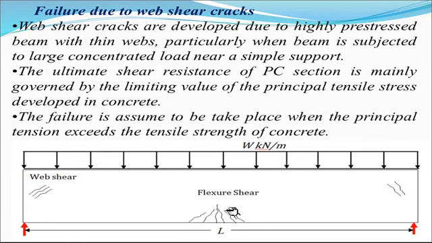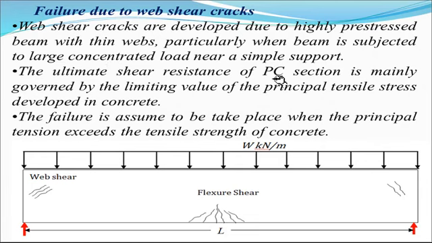Here we know that flexural stresses are more, and that's why at midspan vertical cracks are developed and they will be inclined towards the supports, and these are the web cracks. It is because of the shear strength. Now, web shear cracks are developed in highly prestressed beams with thin webs, particularly when the beam is subjected to a large concentrated load near a simple support.